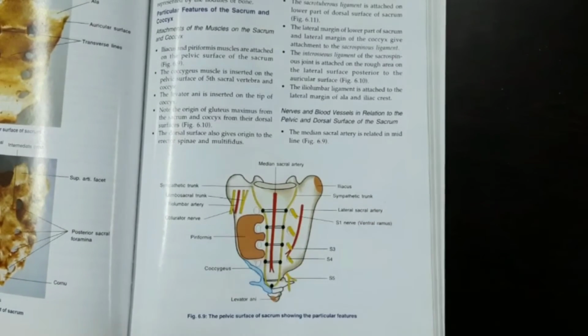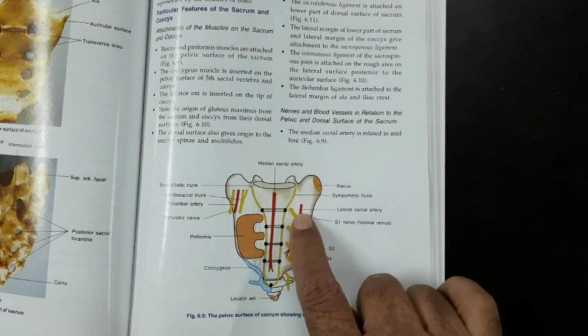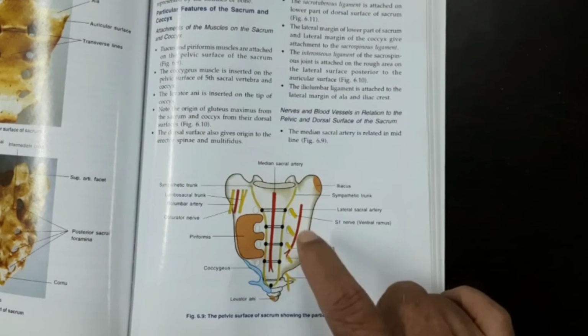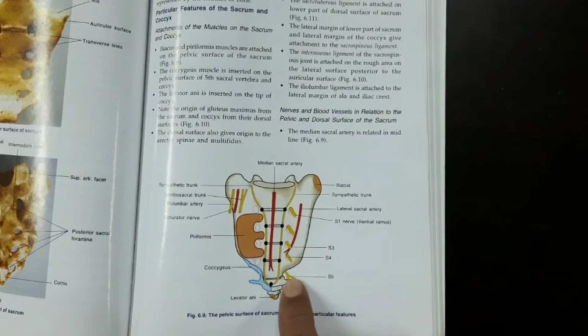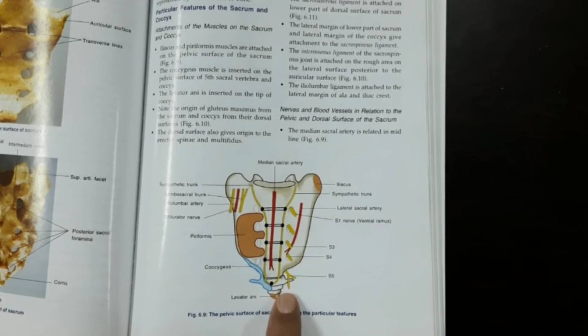Coming out through the four pairs of foramina are the ventral rami of the spinal nerves S1, S2, S3, S4, and S5 comes out through the sacral hiatus, just above the coccyx.